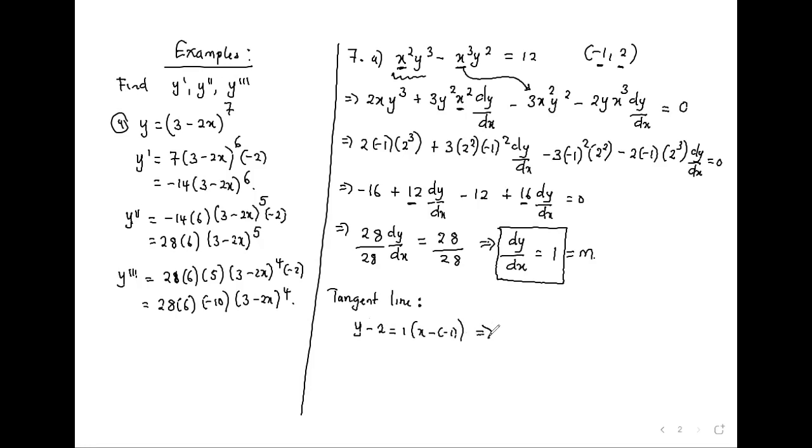This implies that y minus 2 is equal to x plus 1, so that y is equal to x plus 3 is the tangent line. Should you be asked to find the normal line, then you know that your gradient here will be -1, and then you are able to find the normal line.